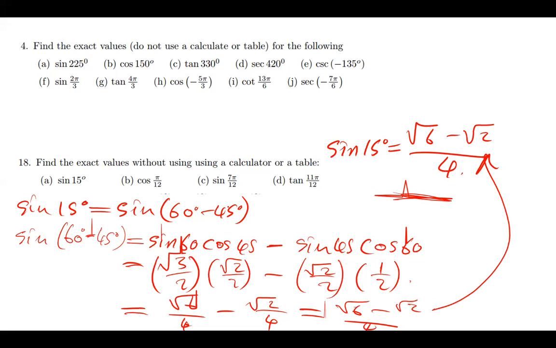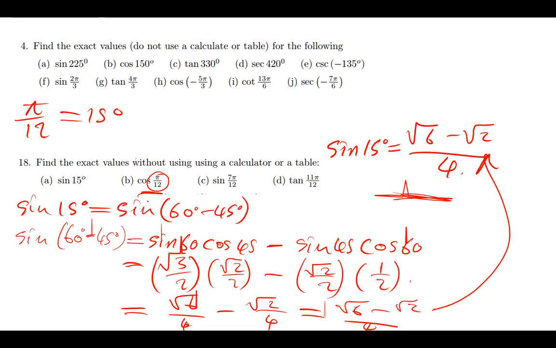I don't know if you have any questions. For cos, you just use the compound angle identity for cos, this one here. First of all, you convert this angle to degrees, and then you find two special angles that are going to give you that angle. So we know that pi over 12, when you convert it to degrees, is just the same as 15 degrees.